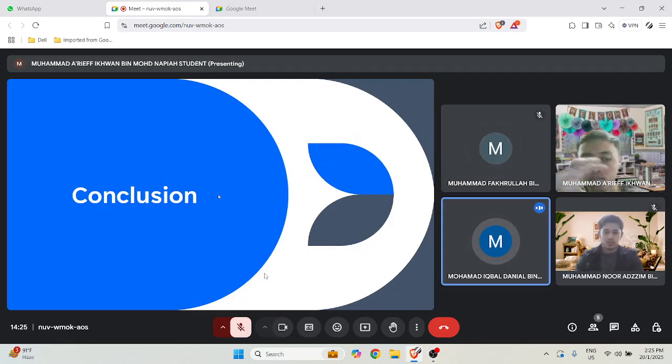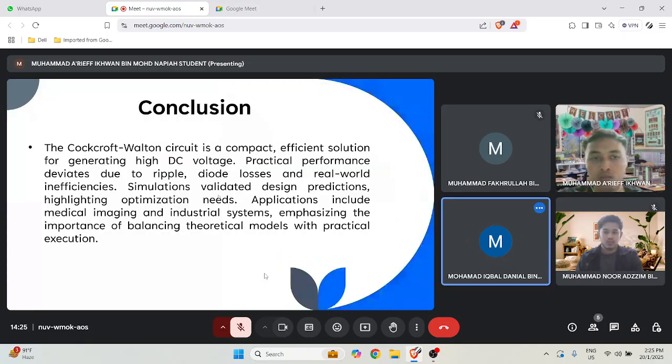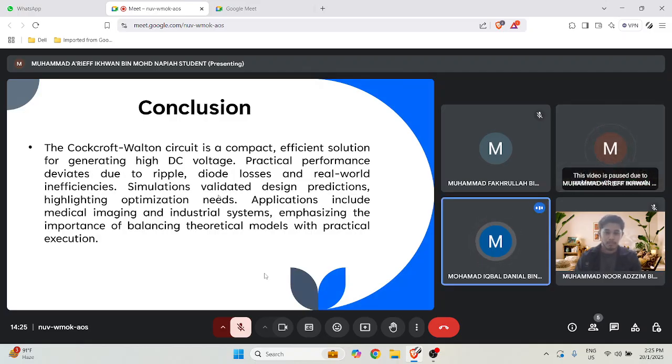For the conclusion, the Cockcroft Walton circuit is a compact, efficient solution for generating high DC voltage. Performance is limited due to ripple, diode loss, and real-world imperfections.